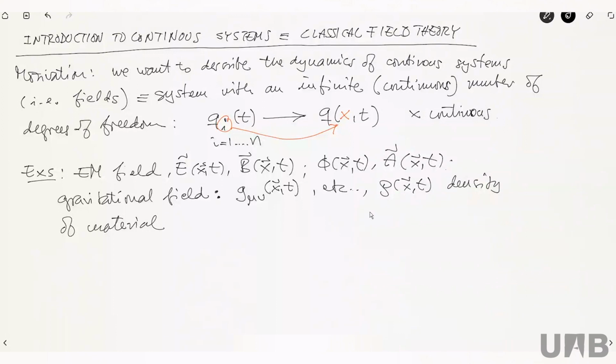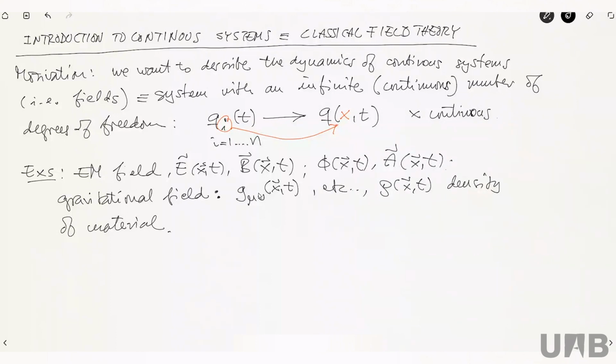So all these problems, but particularly the most important one, the electromagnetic field, is the one that we want to describe in this case, right? Yeah, the gravitational field as well, but that's going to be a little harder. For that, you will have to wait until you do general relativity.